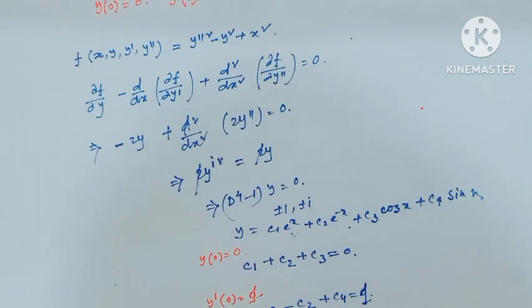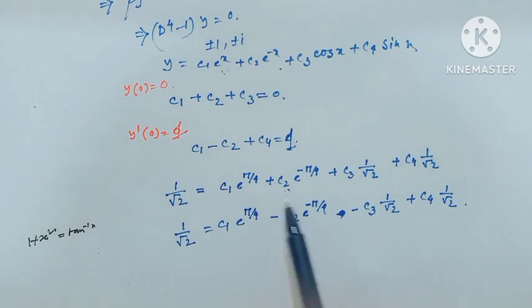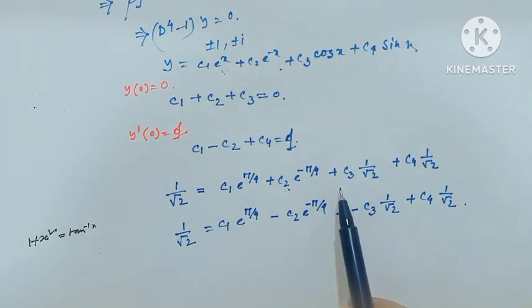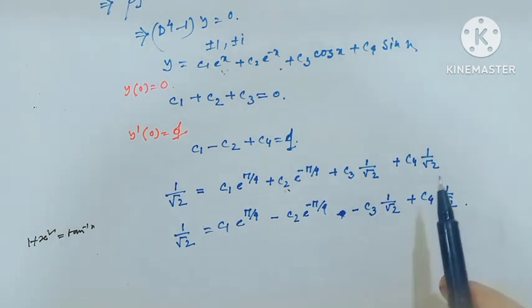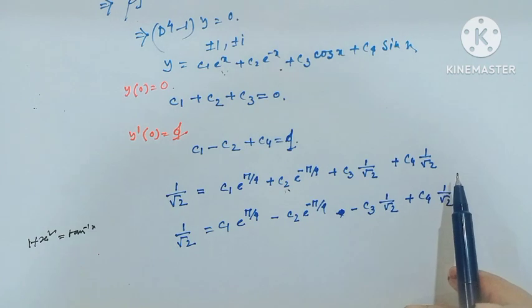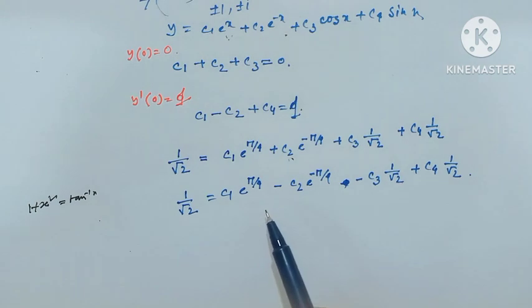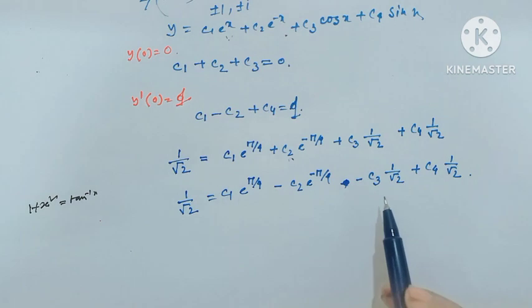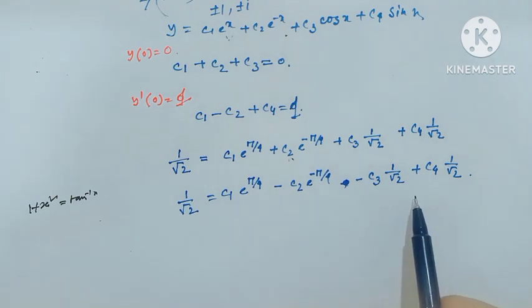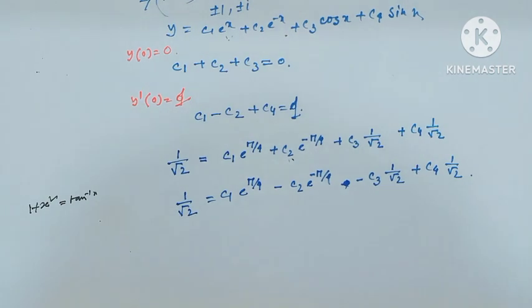After putting in this initial condition, 1 over square root of 2 equal to c1 e to the power pi over 4 plus c2 e to the power minus pi over 4 plus c3 1 over square root of 2 plus c4 1 over square root of 2. Then c1 e to the power pi over 4 minus c2 e to the power minus pi over 4 minus c3 1 over square root of 2 plus c4 1 over square root of 2 equal to 1 over square root of 2.